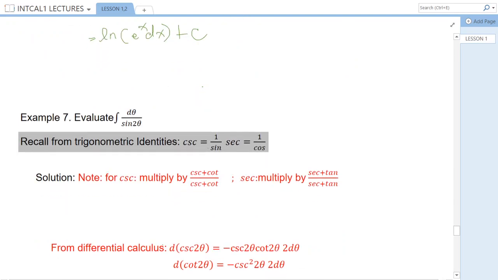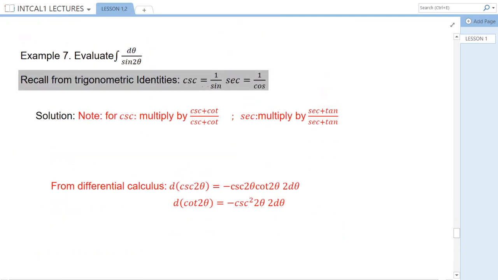Okay, so for example number 7, let us evaluate the integral of d theta divided by sine 2 theta. Don't forget that the trigonometric identity for cosecant is 1 over sine, whereas for the secant, that is equal to 1 over cosine. So rewriting the equation, that is also equal to the integral of cosecant 2 theta d theta.